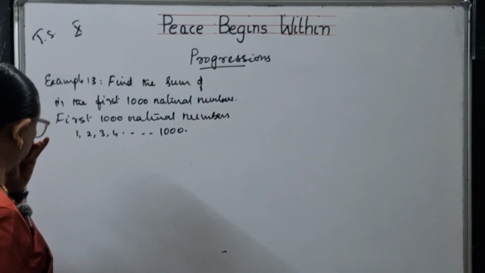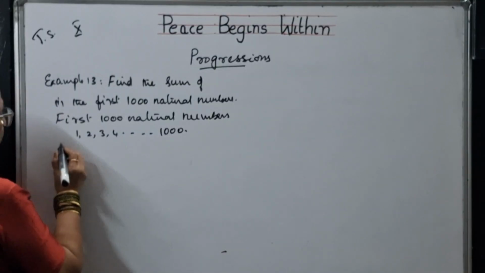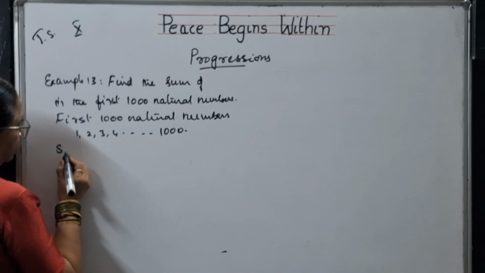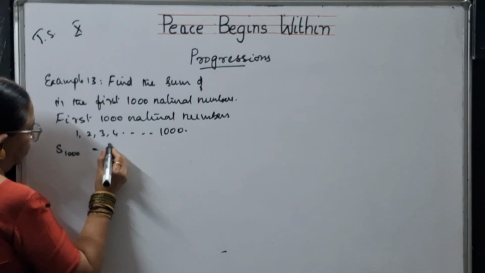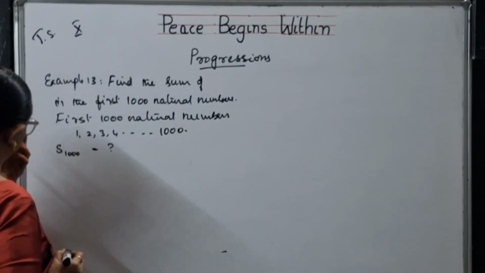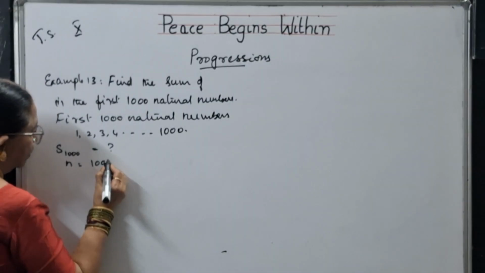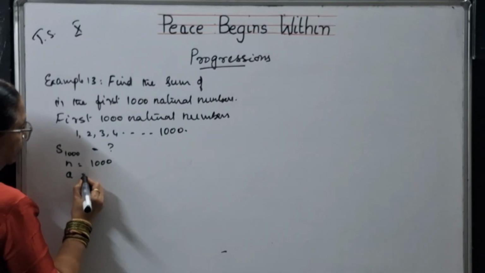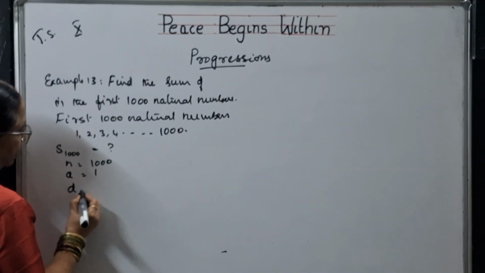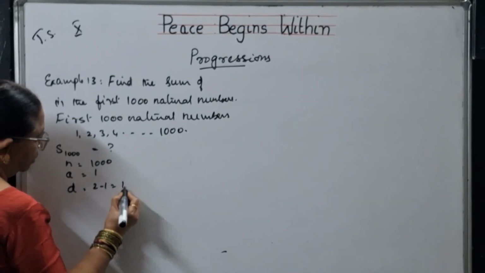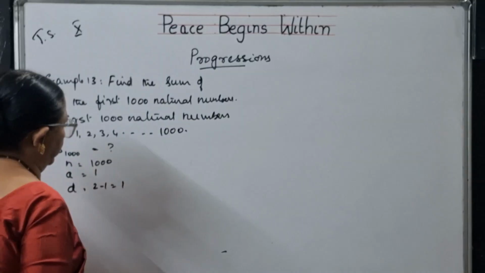Now we want to find out the sum of 1000 natural numbers. So in this case, n is equal to 1000, a is equal to 1, d is equal to 2 minus 1, that is 1.